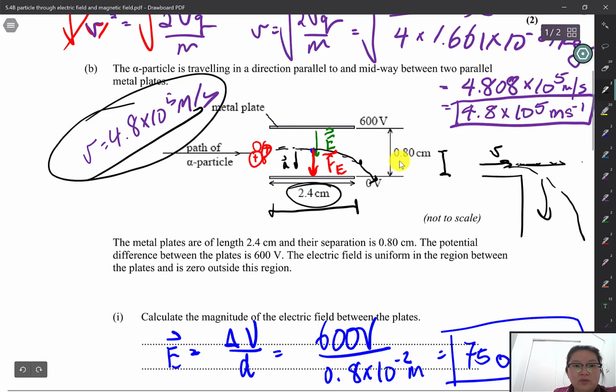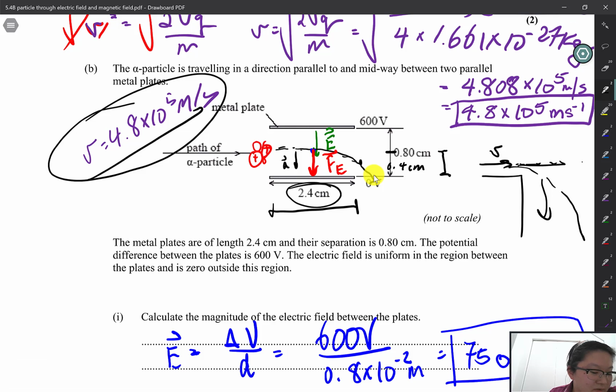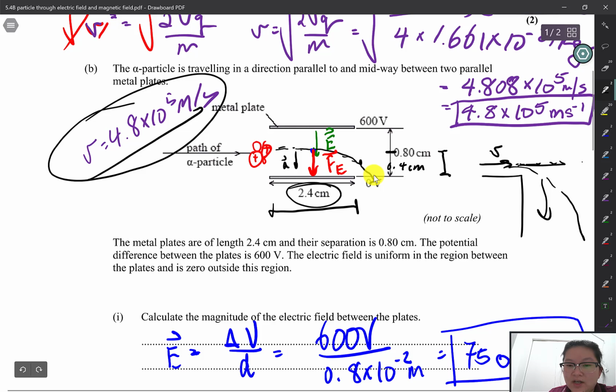So we know this alpha particle is shot midway between the two parallel plates. So it's exactly between here. So half of this gap is going to be 0.4 centimeters. So if this alpha particle is going to take some amount of time to move downwards, whatever that time was, 50 nanoseconds was what we found in the previous question, in 50 nanoseconds, will this alpha particle move further than 0.4 centimeters, or would it move less than 0.4 centimeters?